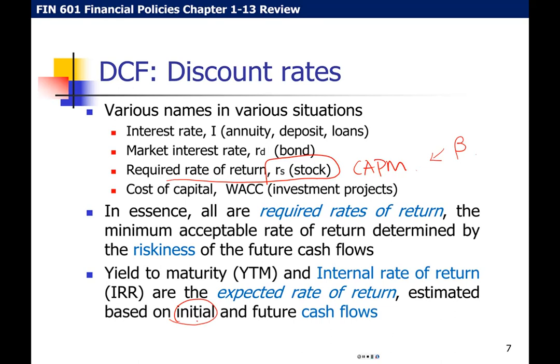We need to know how to distinguish these two types of rates. It's gonna help you a lot in your understanding of finance. So let me summarize the difference again.